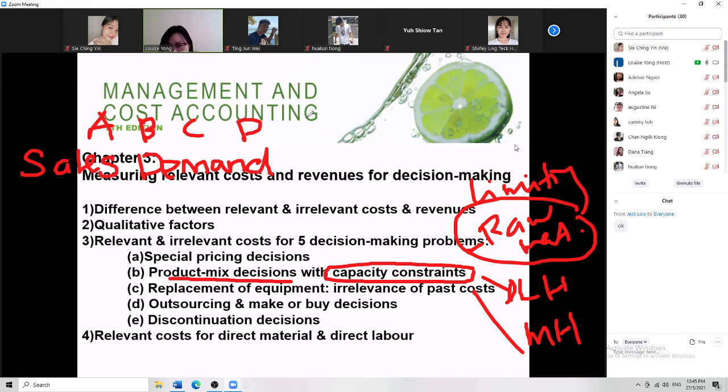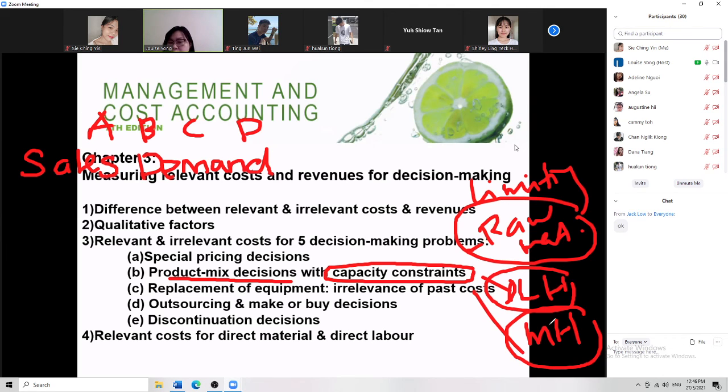Your short term problem can be solved. Or let's say sometimes you don't have enough employees, or sometimes your machines break down and cannot operate, so not enough machine hours. Then you have so much sales demand.